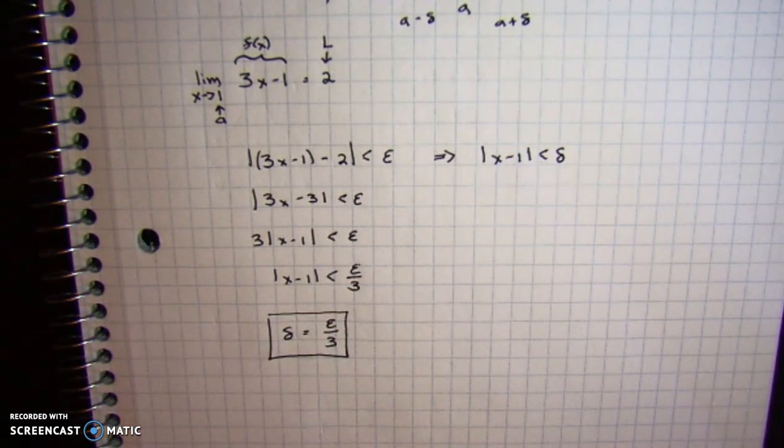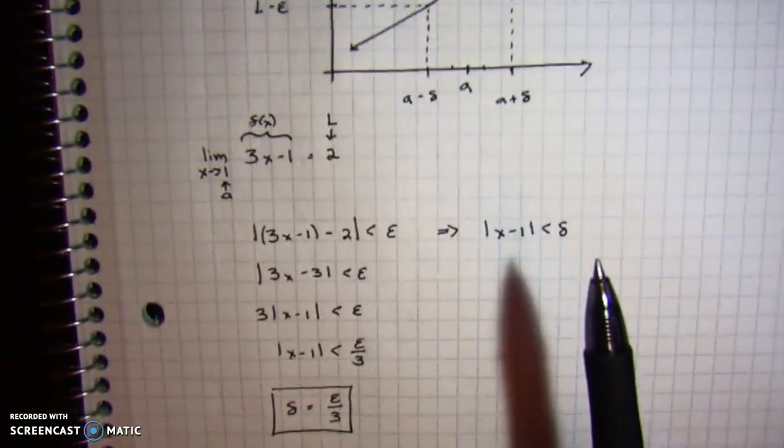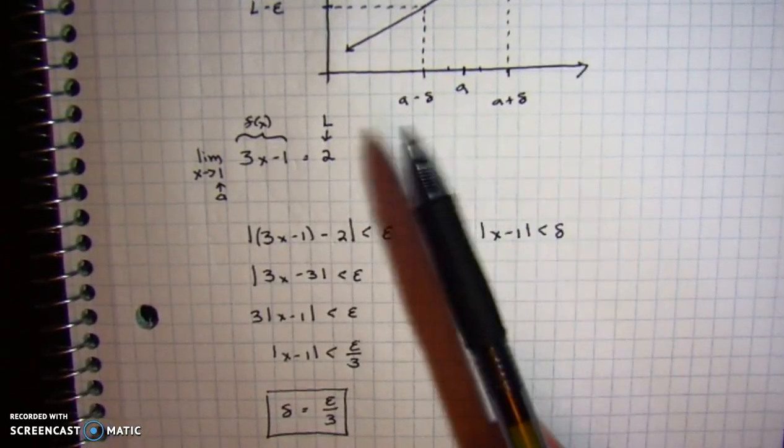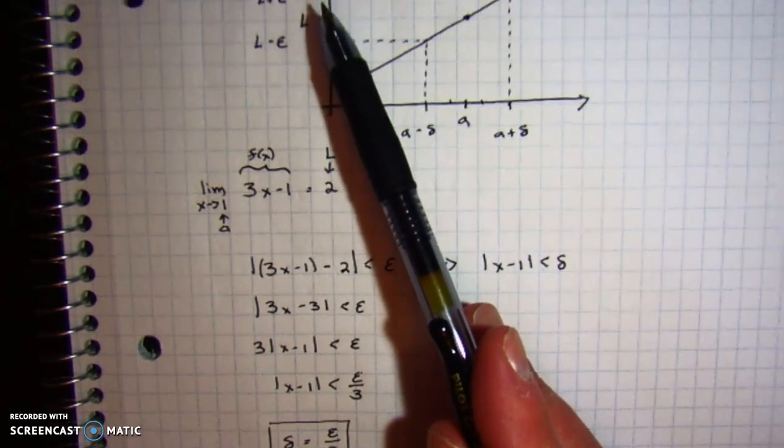So then we know that no matter what, if I set my delta as epsilon divided by 3, that's going to give me a value. Remember, epsilon is on the y-axis up here.